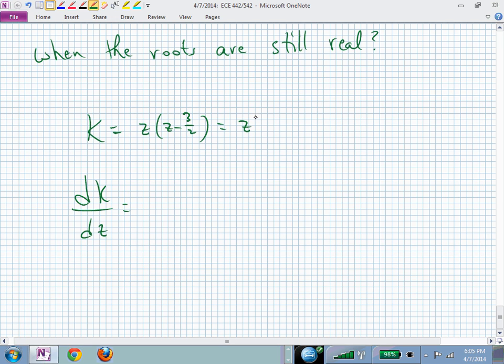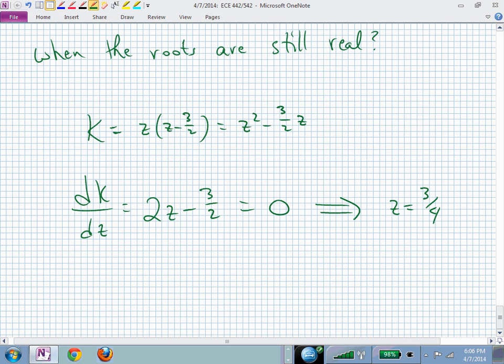This is now z squared minus 3/2 z. We take the derivative of that with respect to z, and we get 2z minus 3/2. And if we set that equal to 0, we get z is equal to 3/4.